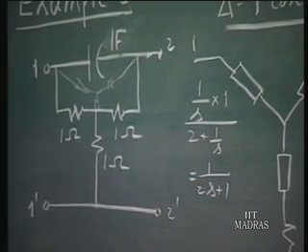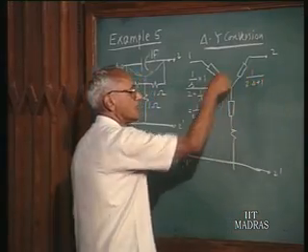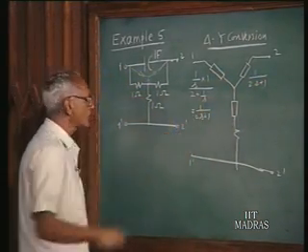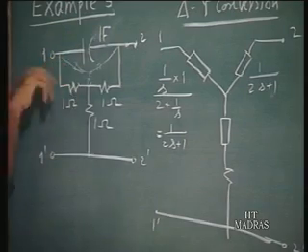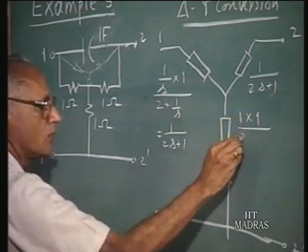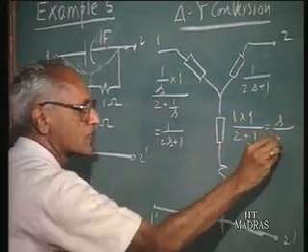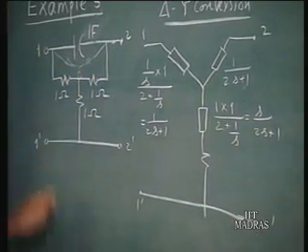By symmetry, this will also be 1 upon 2S plus 1. That is the impedance of this box. The impedance of this box, however, is the product of these two impedances divided by the sum of the impedances. So this 1 times 1 divided by 2 plus 1 over S will be S upon 2S plus 1. And of course this 1 ohm resistance will remain.